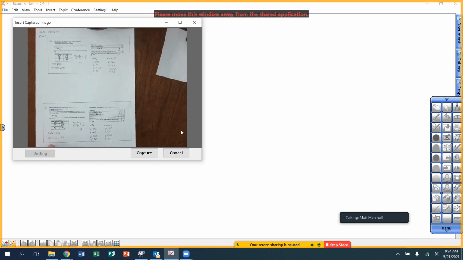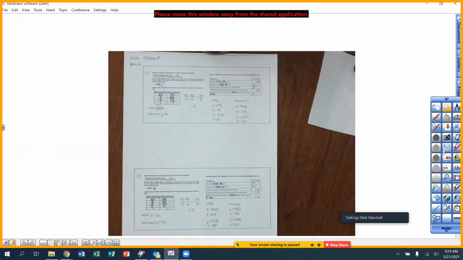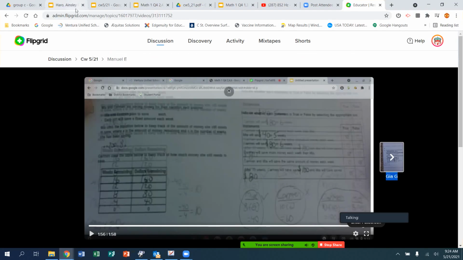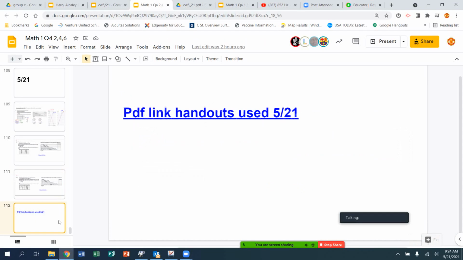Here's an example of the beautiful work they did today. And then hopefully you got to see some of those flip grids.